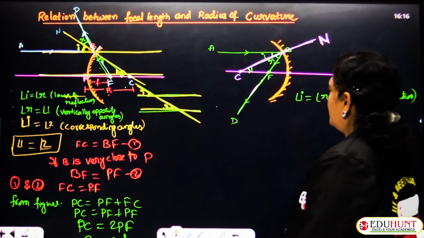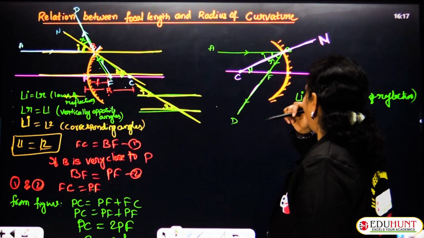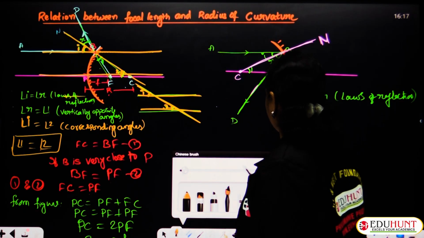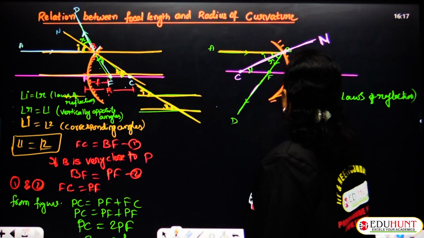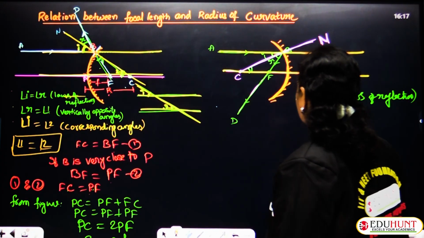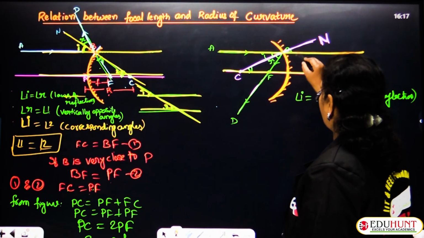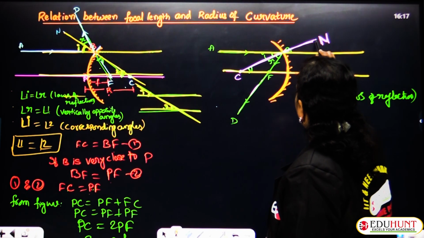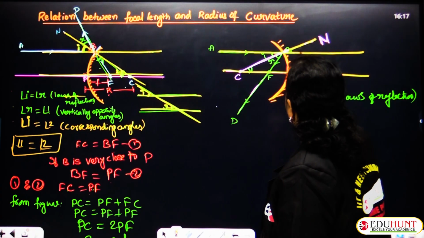Also, if you observe the two lines carefully, if you produce the line AB and this is the other line CF, they both will be parallel to each other, and NC will be your intersecting line.